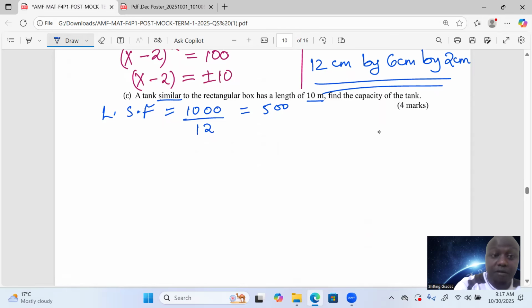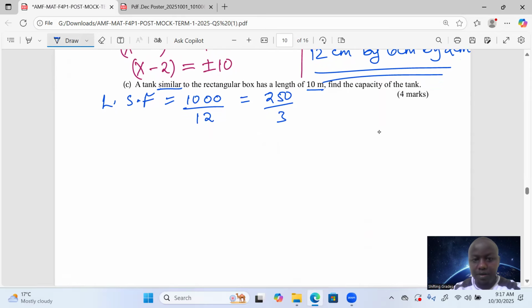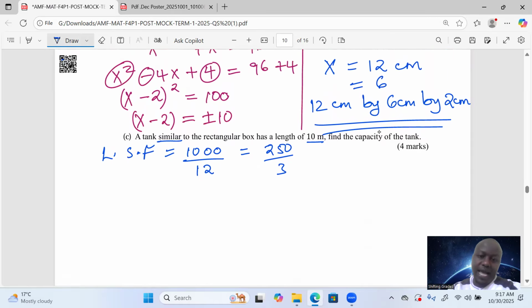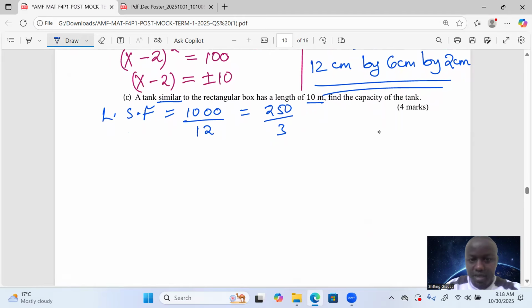So we can divide by 4 to get 250 over 3. This is now the linear scale factor. When you compare lengths of the model or of the similar box, and now the bigger tank, which is similar to this.